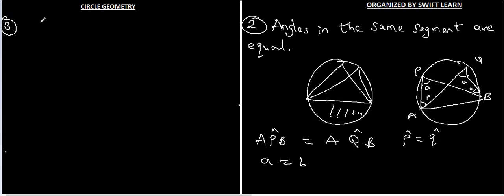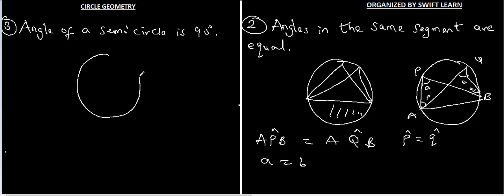The third law says the angle of a semicircle is 90 degrees. You have something like this, for instance. Okay, I'll still mention some other things. Now, this is a semicircle.